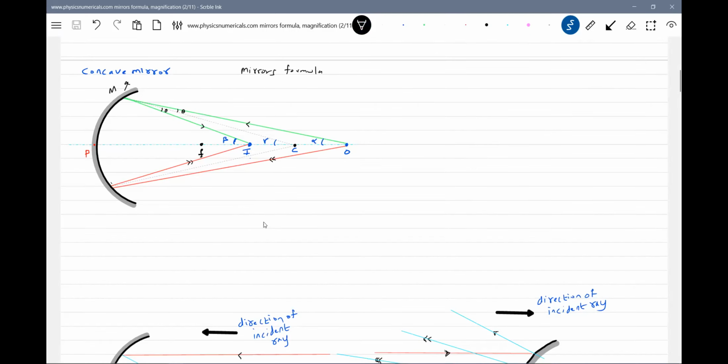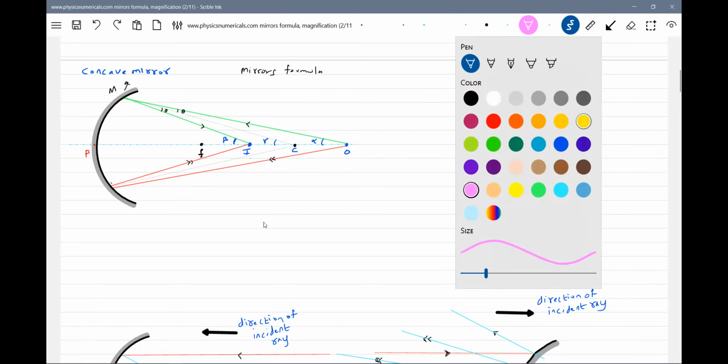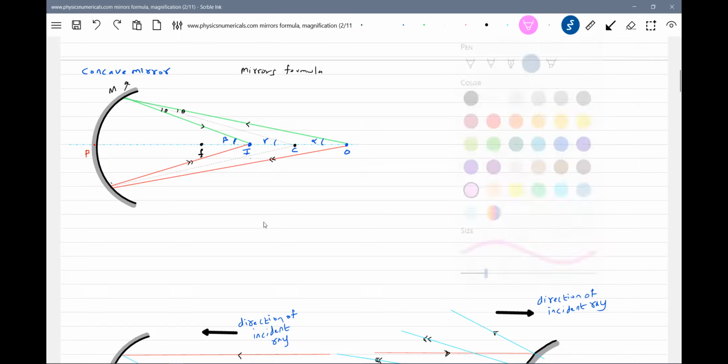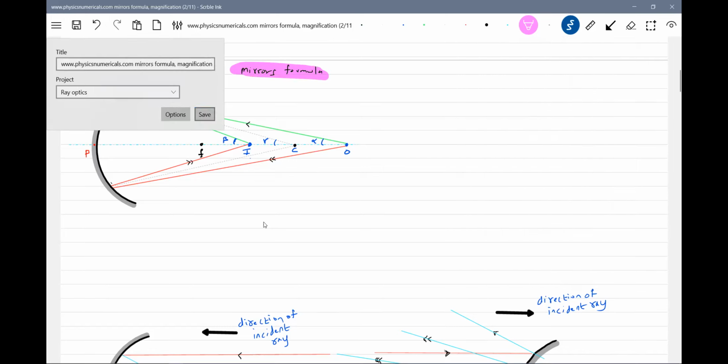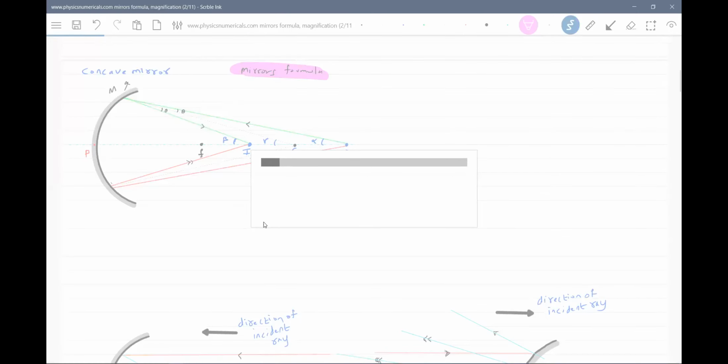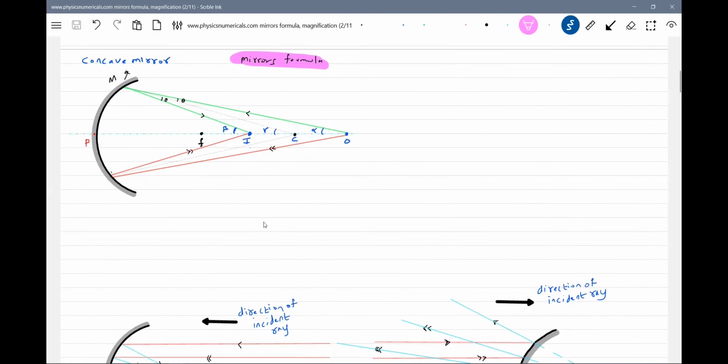It will help us to predict the position of the image. If you know the position of the object, you can predict the position of the image with the help of this formula. There are two ways. We can take help of geometrical instruments to predict the position of the image, or we can predict it directly using the formula.